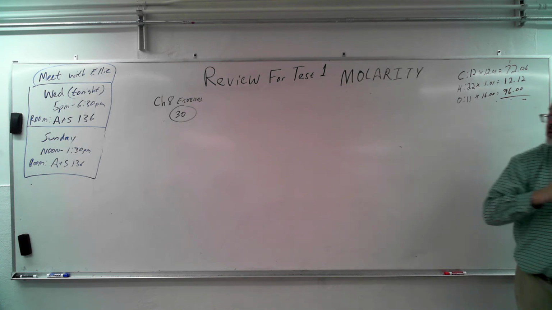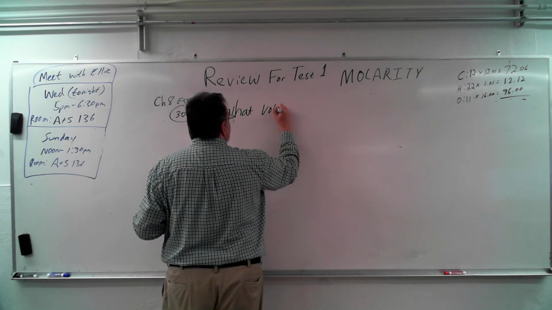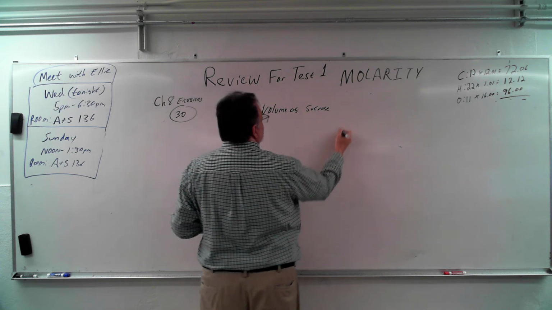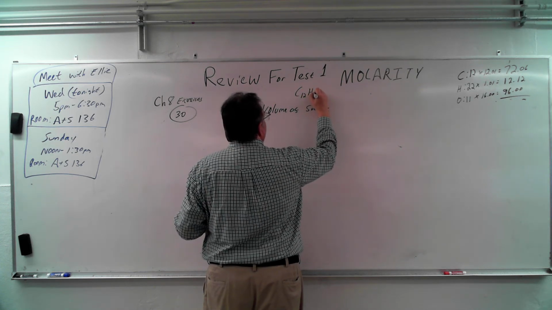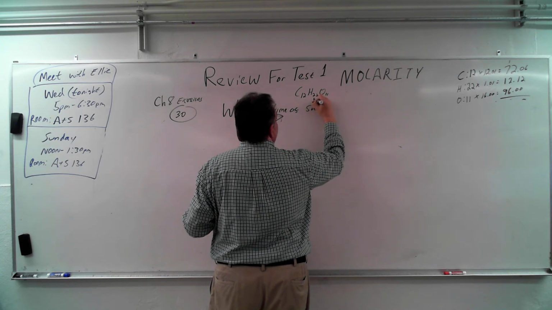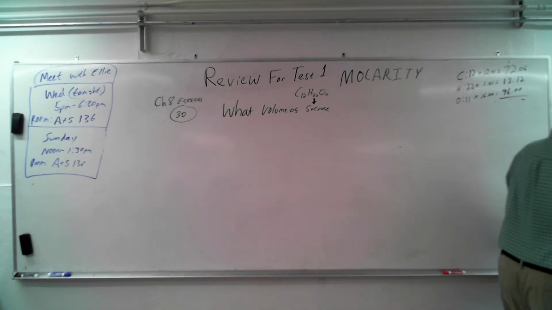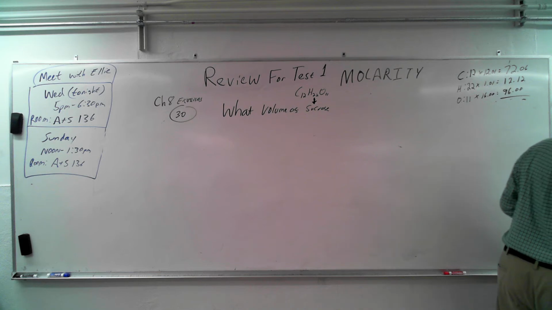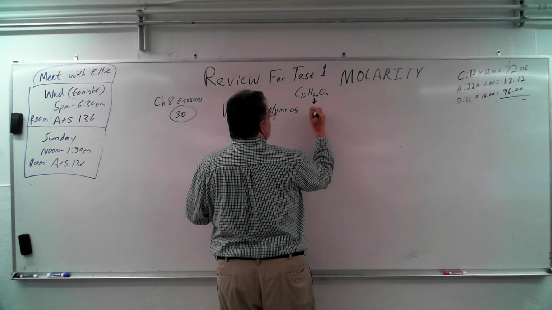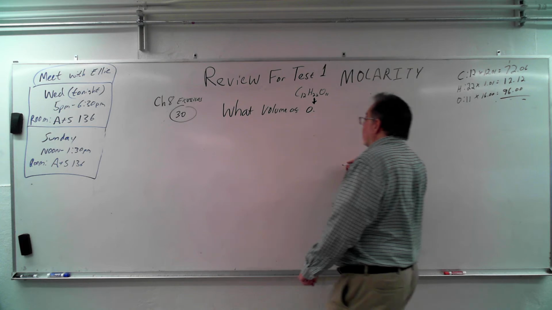So what volume? Sucrose is C12H22O11. I'll tell you the formula. I won't just do this because y'all don't know those. What volume? 0.200.